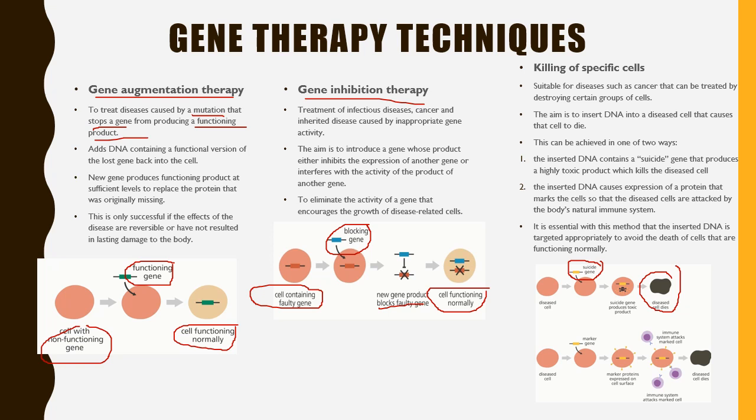The second way is introduction of a marker gene, and then this marker gene will cause expression of marker proteins which will be expressed on the cell surface, and then these marker proteins will be detected or recognized by the immune cells in the patient's body, and then the immune cells will attack the targeted cells and subsequently cause death of the cells.